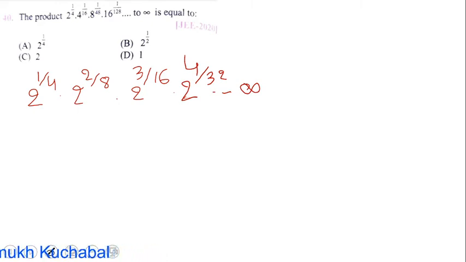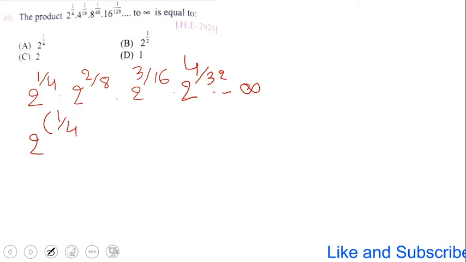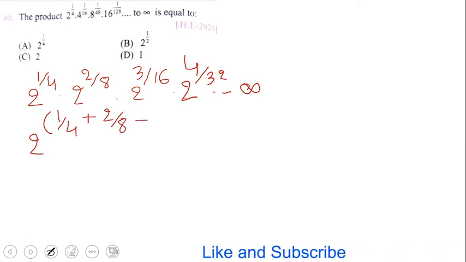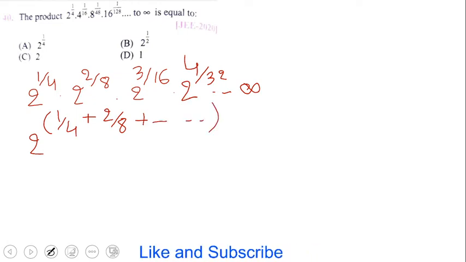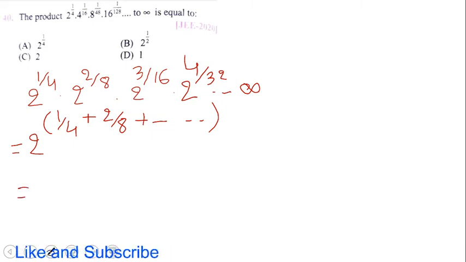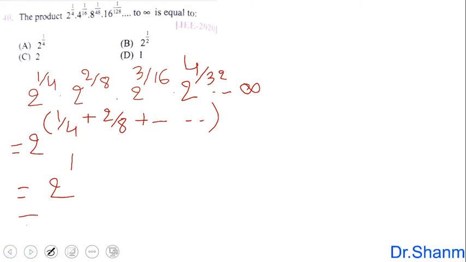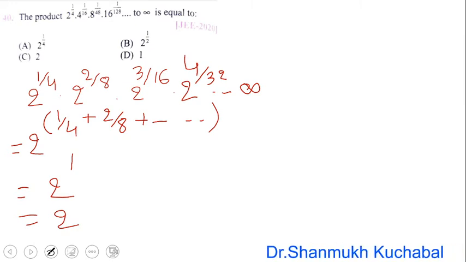Then we can take this as 2 raised to, we will take 2 as common, so we get 1 by 4, 2 by 8 plus so on in this way here. Further simplifying the above power, we are going to get the answer as 1 here. So 2 raised to 1, we are going to get the solution as 2 here. Therefore, it is 2.